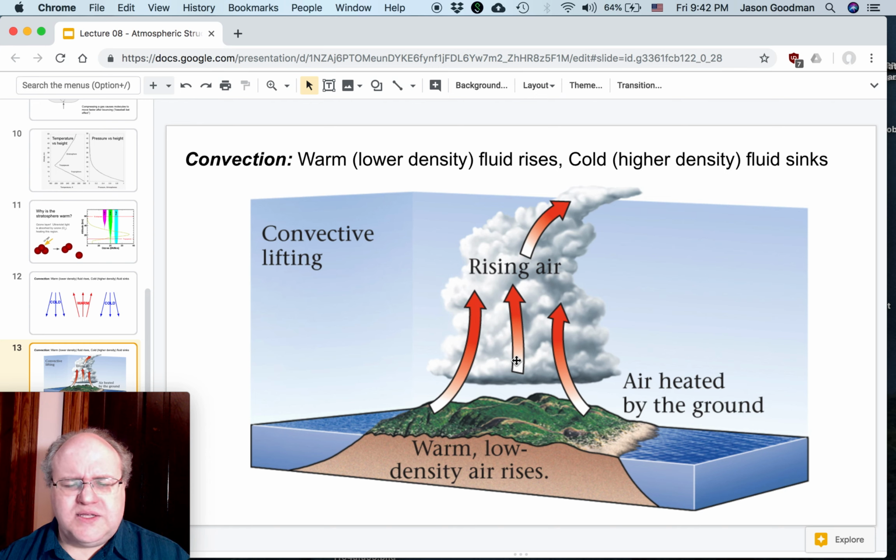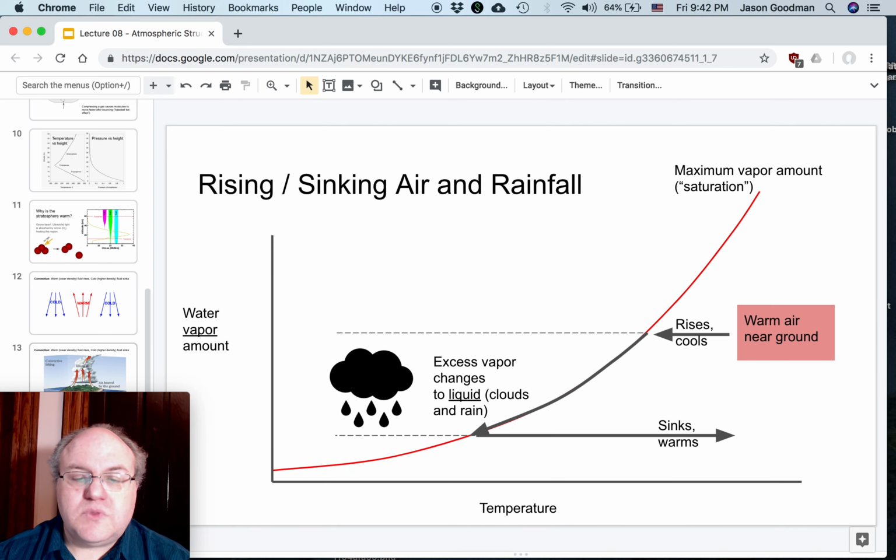Now, why is that? Why do we get rainfall and clouds where the air is lifting, and cool, dry, non-rainy air in the places where the air is sinking? Well, remember I told you about the Clausius-Clapeyron equation that relates the maximum amount of water vapor you can have in the air to the temperature.